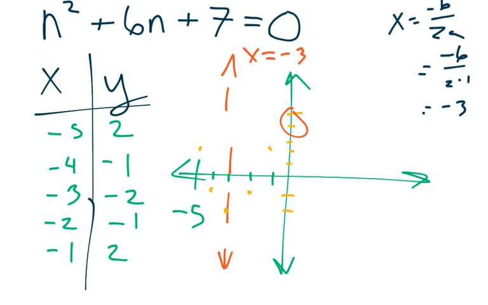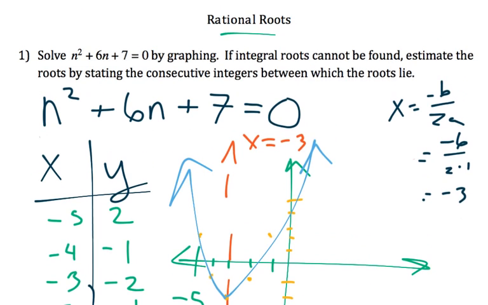Now, were we asked anything about the y-intercept? No. And because of that, we don't have to be crazy detailed in our graph moving forward. But what we were asked about was this next part. So if integral roots, so meaning integers, cannot be found, estimate. And I really want to focus on the word estimate.